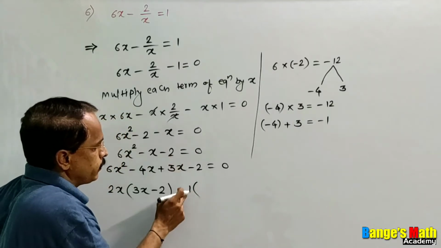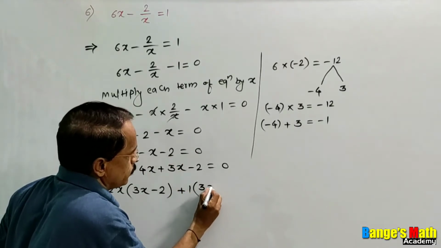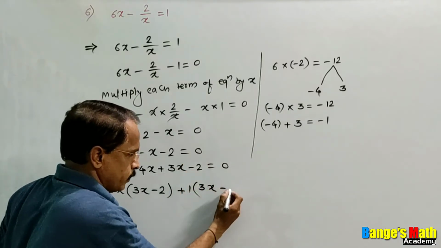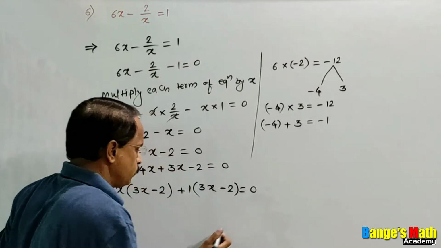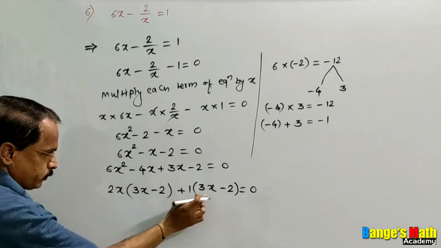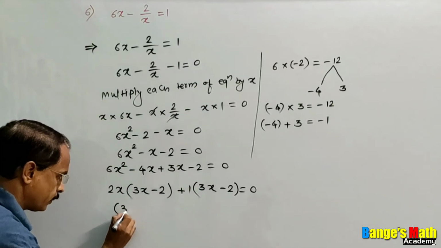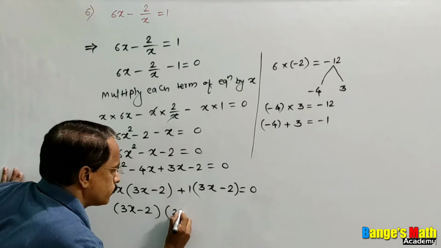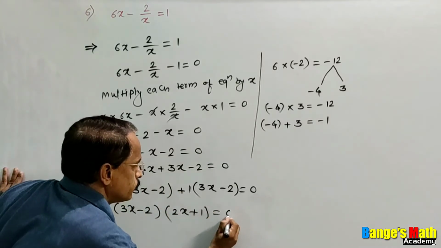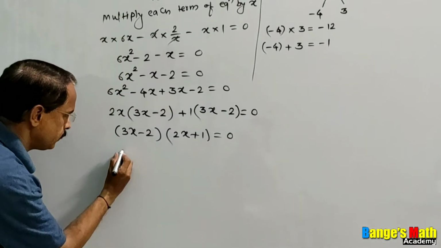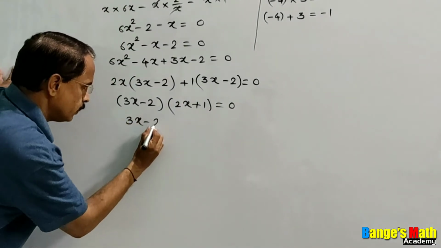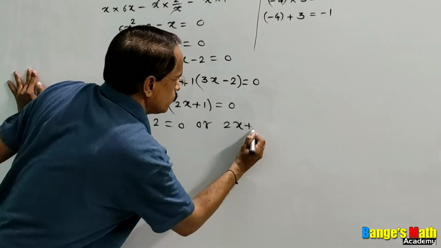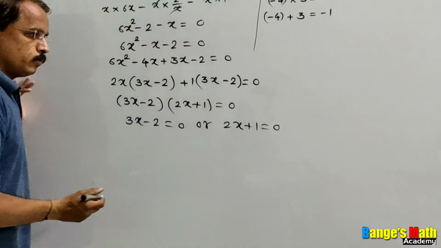So divide 3x by 1, 3x, plus into minus minus, divide 2 by 1, 2 is equal to 0. For these two brackets, write down one bracket: 3x minus 2 into 2x plus 1 is equal to 0. Equate each bracket to 0: 3x minus 2 is equal to 0 or 2x plus 1 is equal to 0.